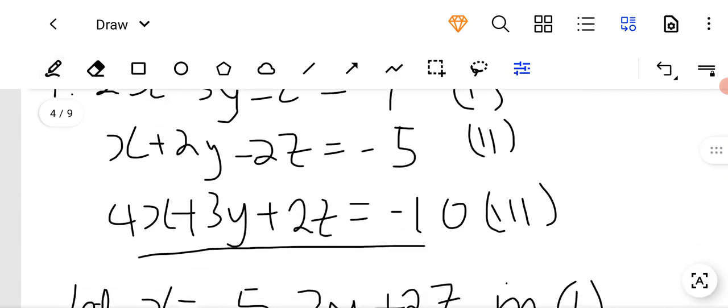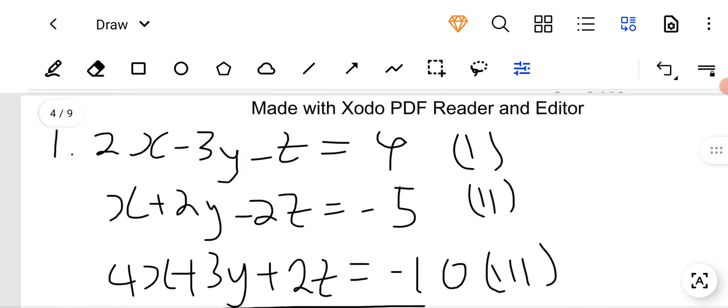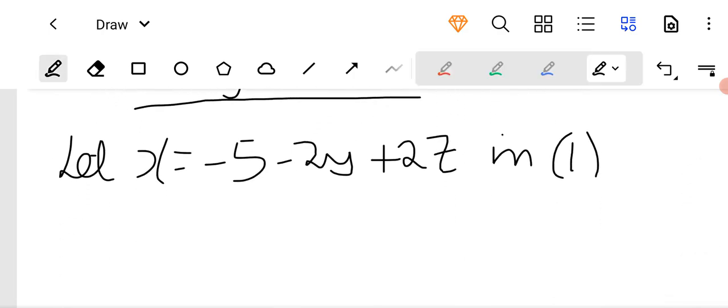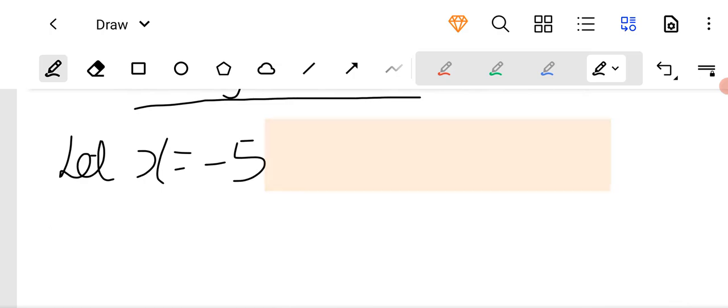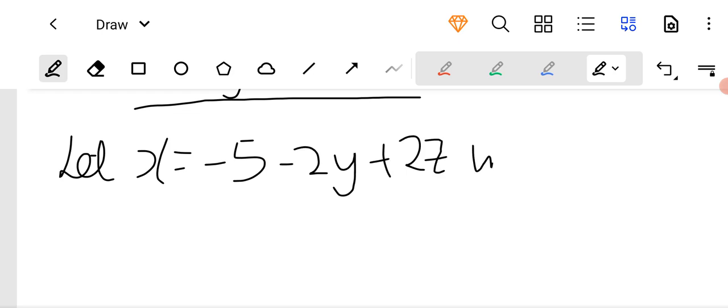So it means we're going to have 2 times that expression for x.